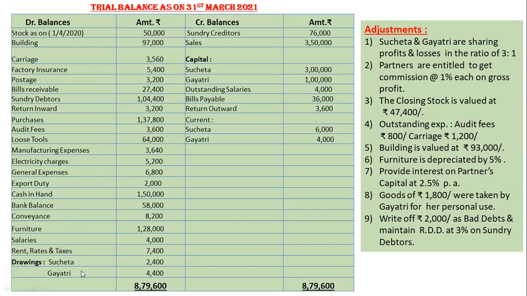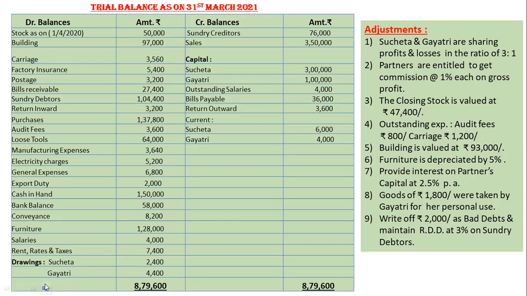Drawings of Sucheta and Gayatri: if it is asked in fixed capital method, then show it on the debit side of the partner's current account, or if it is asked in fluctuating capital method, then deduct from the partner's capital account.